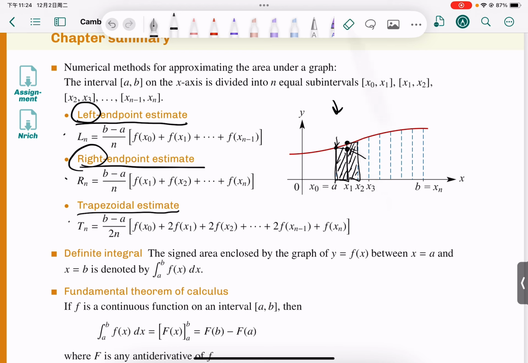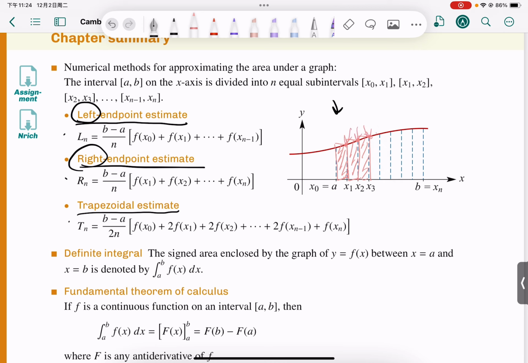So if I want right endpoint estimate, I should draw something like this in the pink one. So I take the right endpoint. These are called right endpoint estimate.